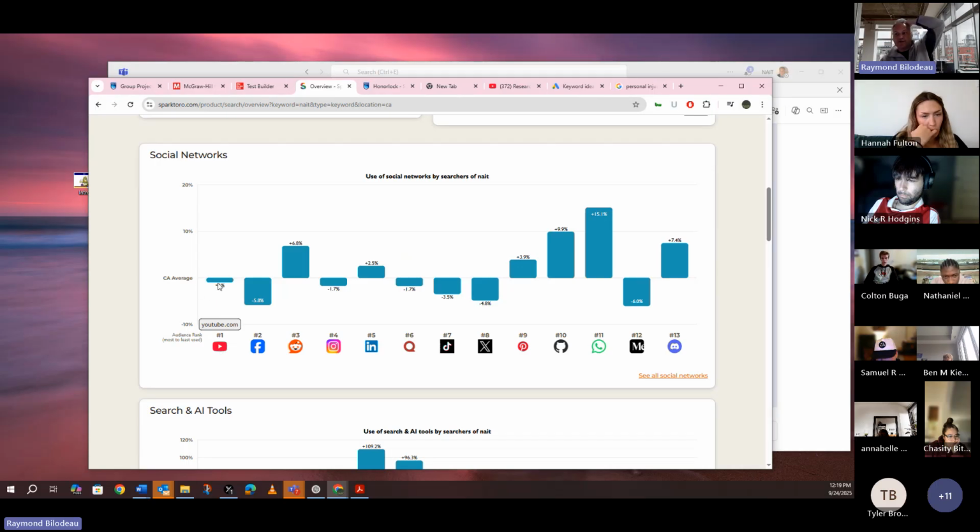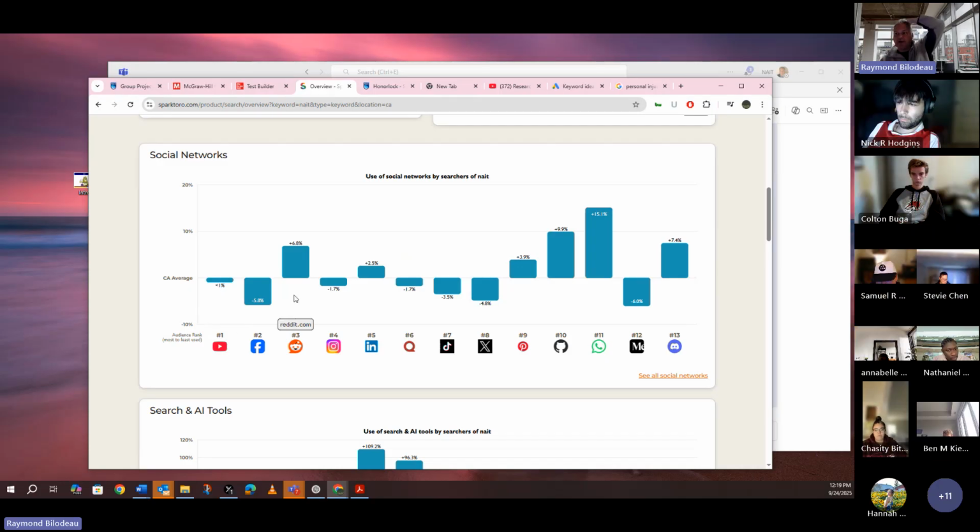If 80% of people are on Facebook, this would be about 6% less, so about 74%. And this is Reddit. People who search for Nate tend to be on Reddit more so. Cool.